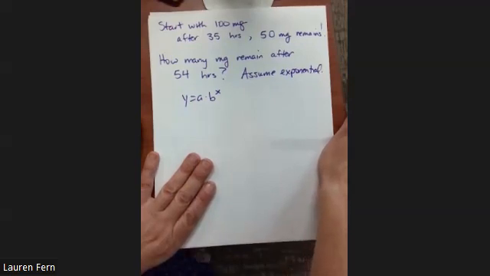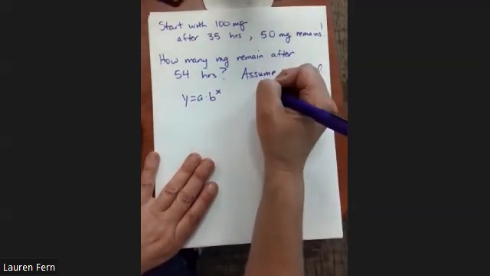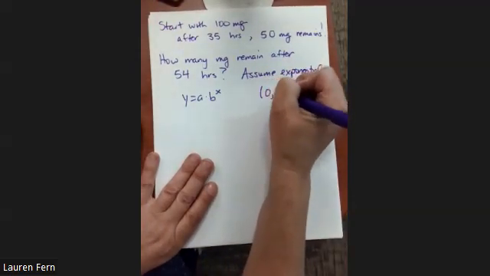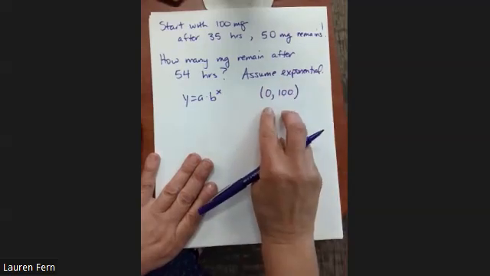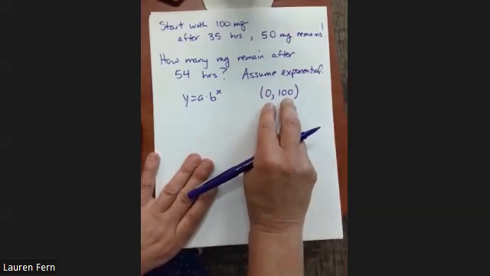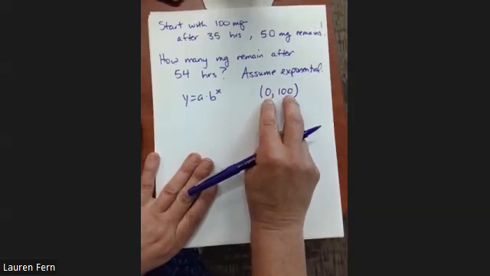We're given some information, aren't we? I claim we're actually given two ordered pairs. We're starting with 100 milligrams. So if I wanted to write that as an ordered pair, it would be 0, 100.